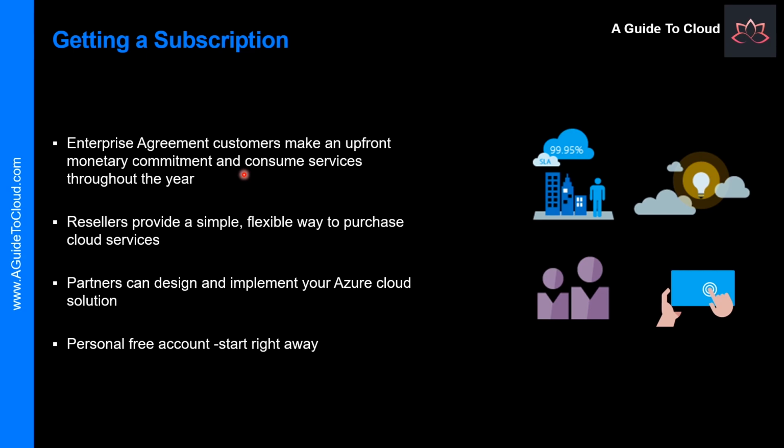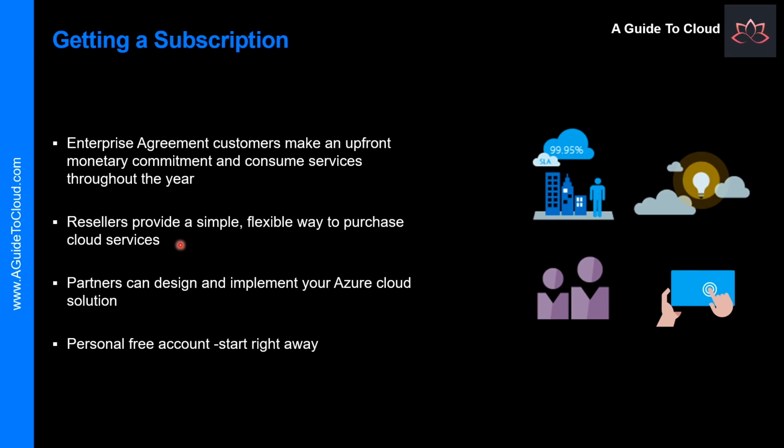Enterprise agreement customers can add Azure to their agreement by making an upfront monetary commitment to Azure. That commitment is consumed throughout the year by using any combination of the wide variety of cloud services Azure offers from its global data centers. Enterprise agreements have a 99.95 monthly SLA.